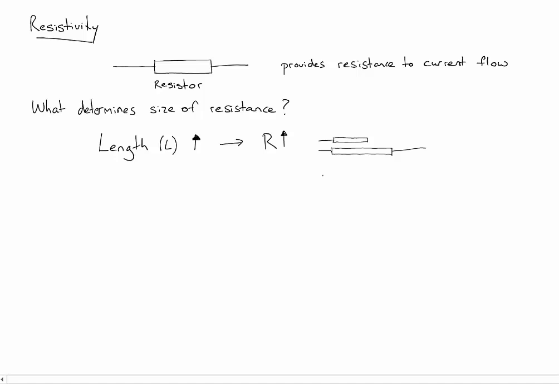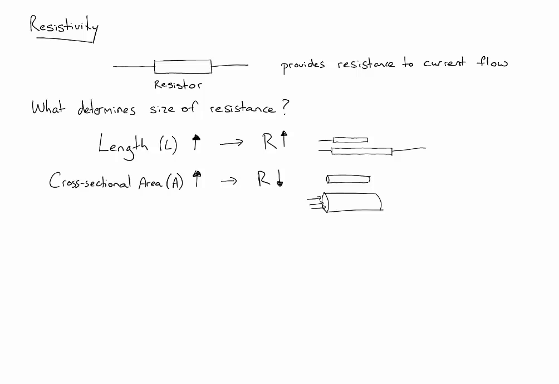So back to cross-sectional area, if we have a wire which has a small cross-sectional area compared to a wire that has a large cross-sectional area, more electrons per second will be able to flow through the larger cross-sectional area. So as the cross-sectional area goes up, the resistance will go down because more electrons can flow through that resistor.